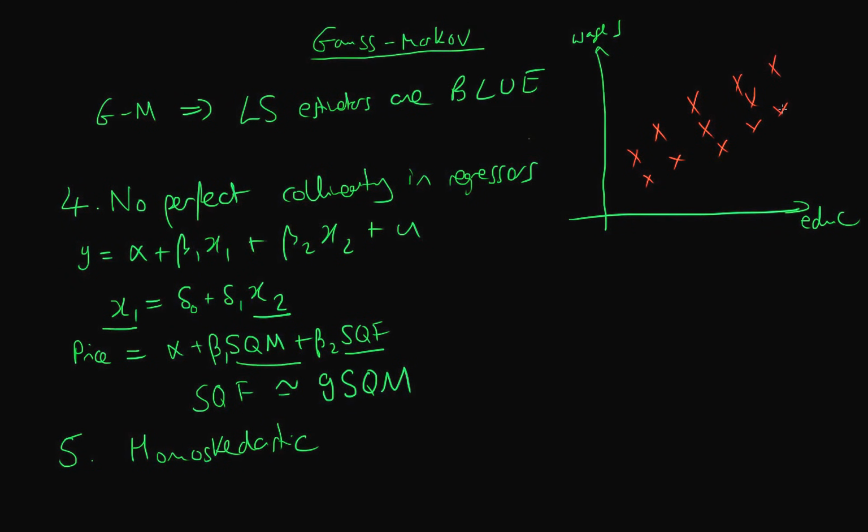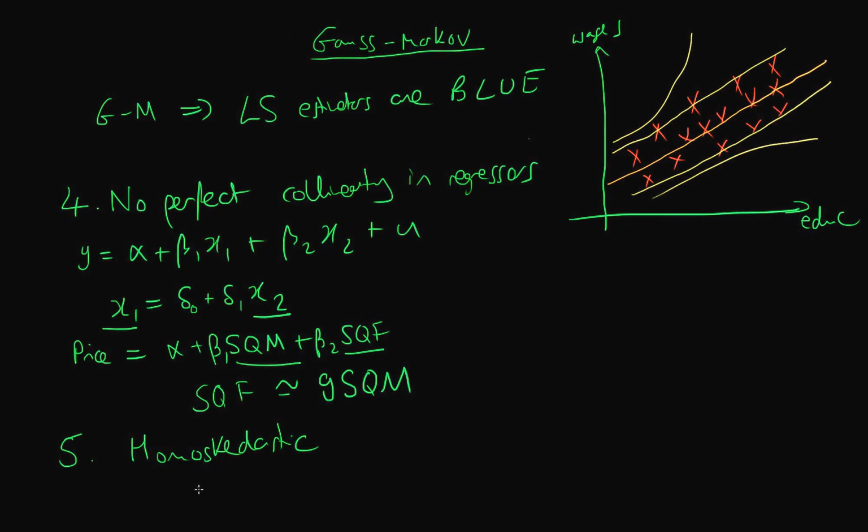If I have errors which look something like this when I draw the population line, whereby the distribution of errors away from the line stays relatively constant, and they lie within these error lines which I've drawn here, there's no increasing or decreasing of errors along with the education variable. Then that means that errors are homoscedastic.